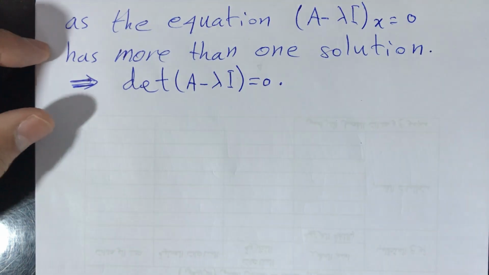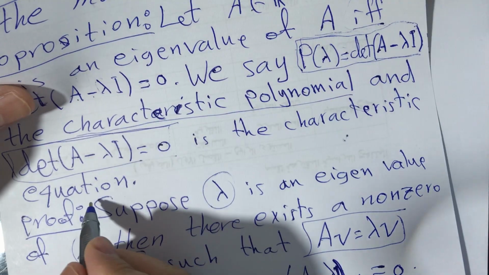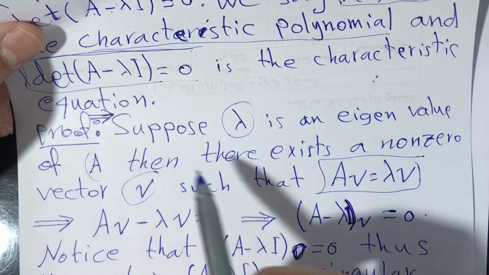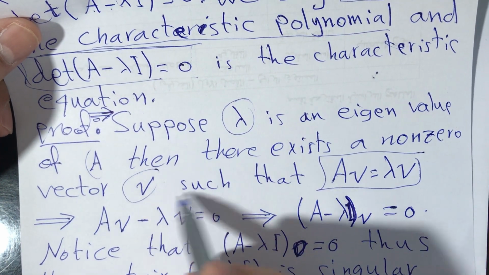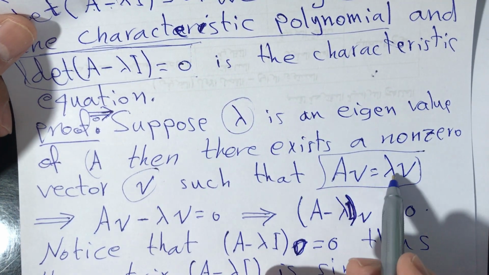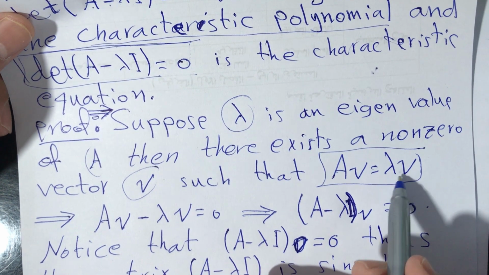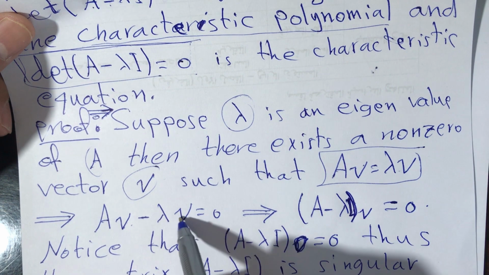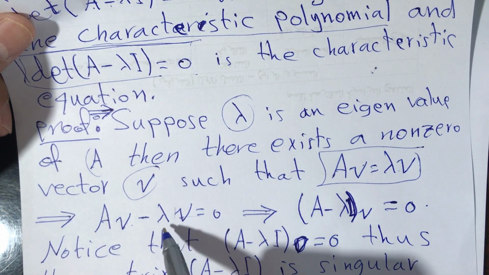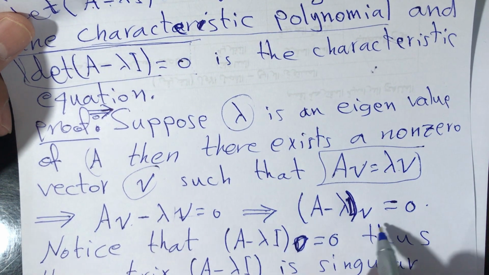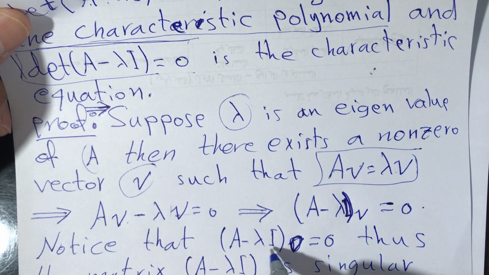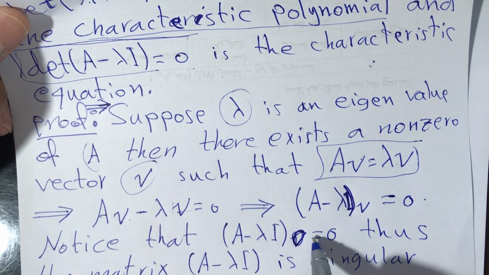This is the proof for the first direction. If lambda is an eigenvalue, there is a non-zero vector V such that AV equals lambda V, and this implies A minus lambda I times V equals 0.